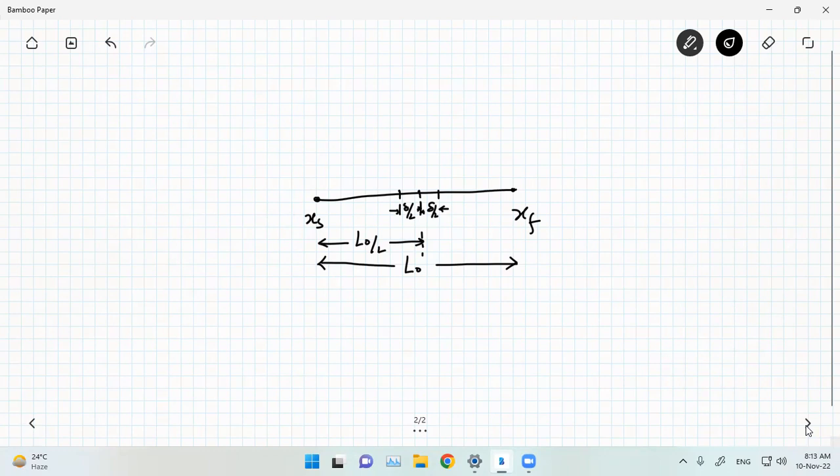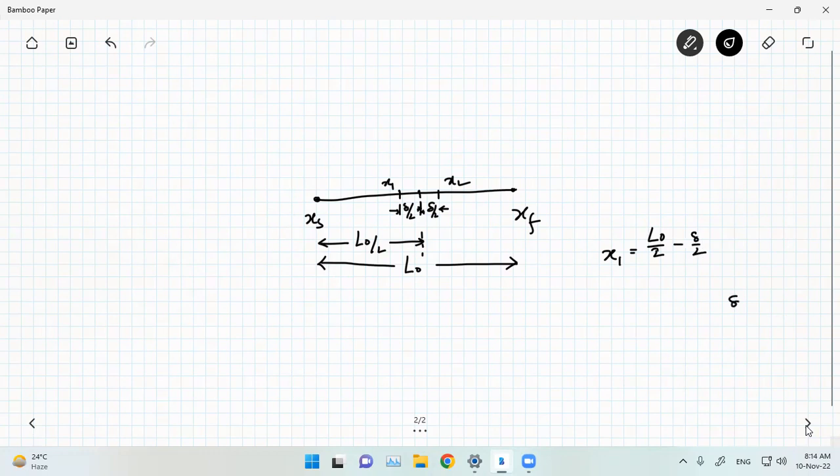In this distance, we'll try to find two points, the first one x1 and the second one x2. We obtain x1 as L0 by 2, half of the initial interval, minus del by 2, which is a very small variation.